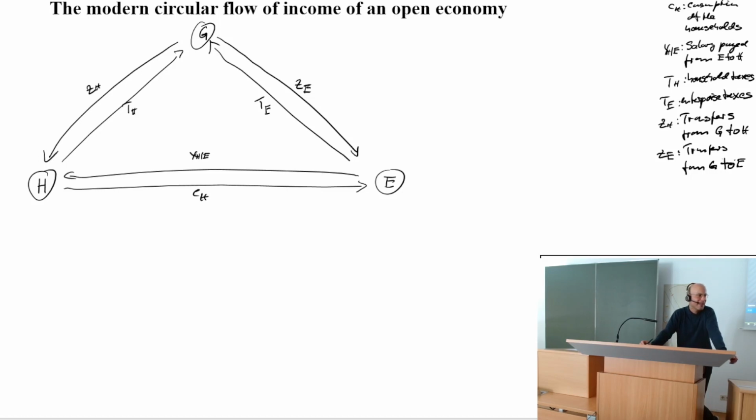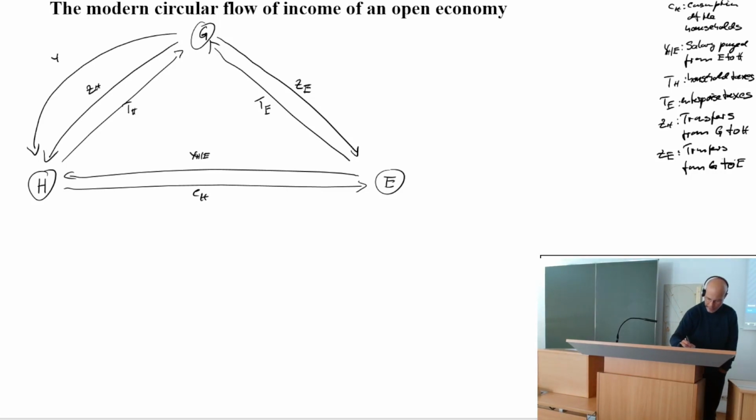I'm at a public university, so I'm also paid. So all public employed people. So there will be wage paying in a very large amount from the government to the households, and this we call then YHG.